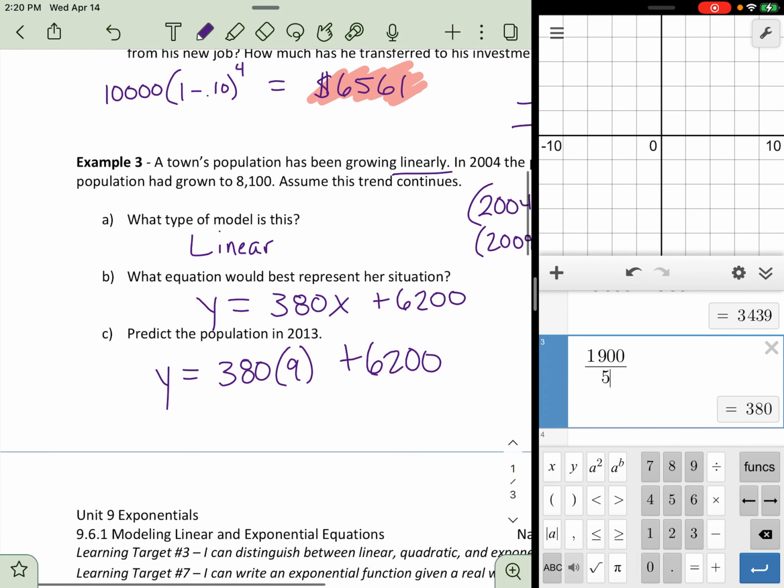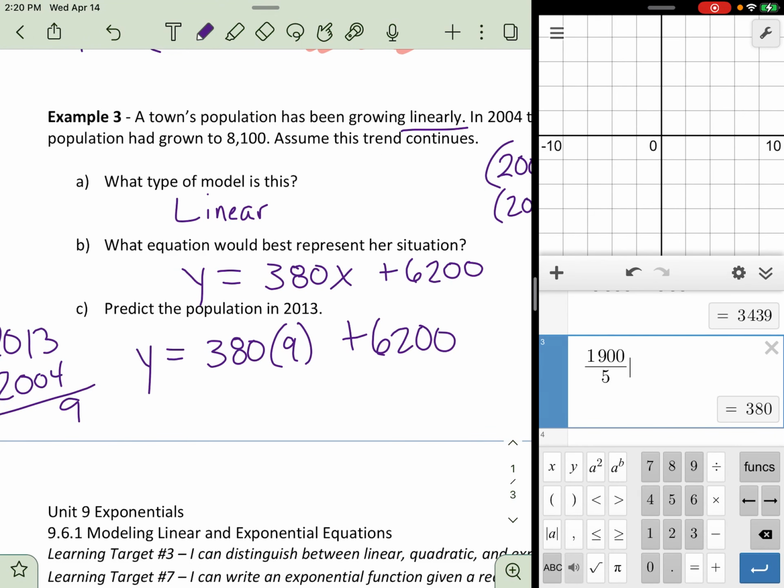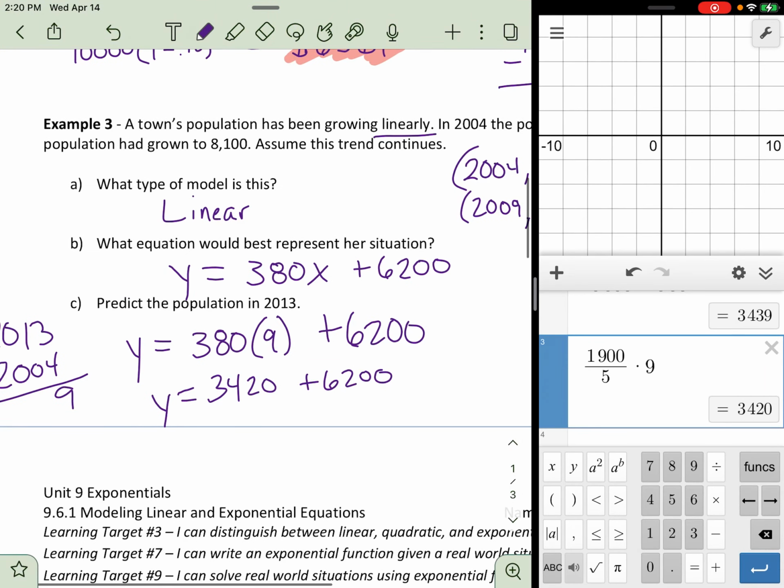Right, because 2013 minus 2004 is 9. Okay, so 380 times 9 gives you 3,420, plus 6,200 gives us a total population in 2013 of 9,620 people.